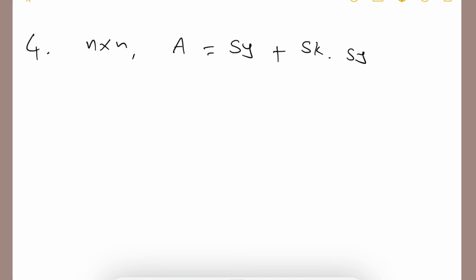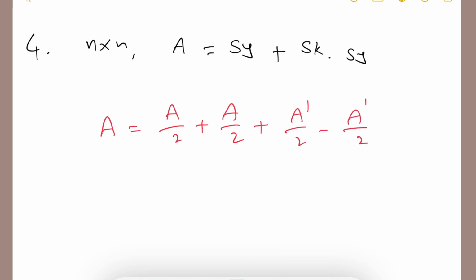We have matrix A. I will write A as A by 2 plus A by 2, plus A dash by 2 minus A dash by 2, where A dash is nothing but the transpose. Anyway, plus A dash by 2 minus A dash by 2 will cancel, so there is no change in the value.